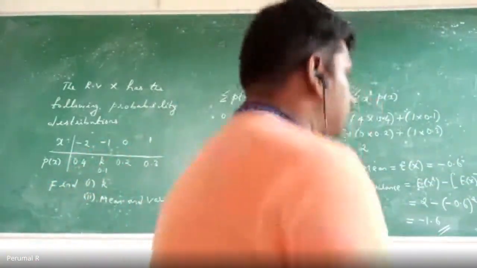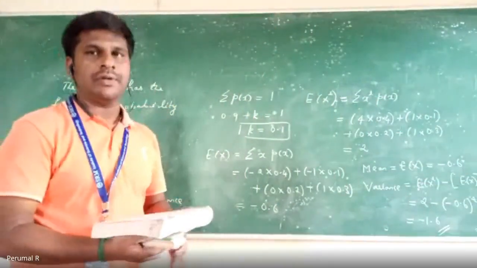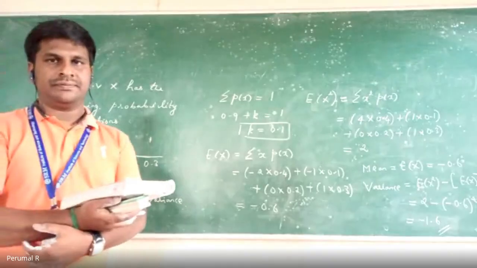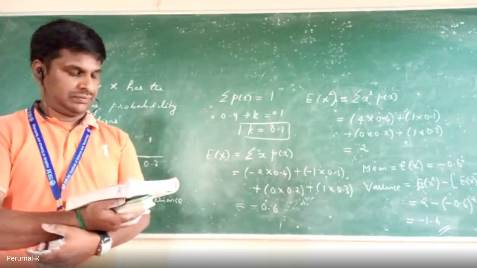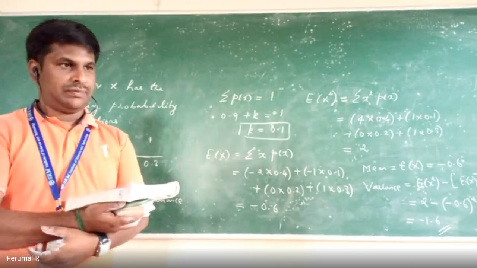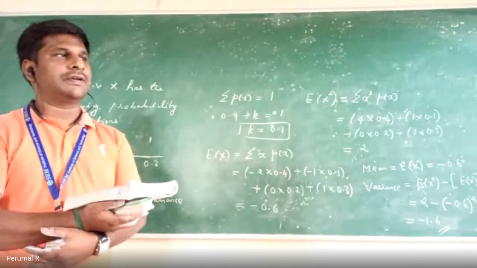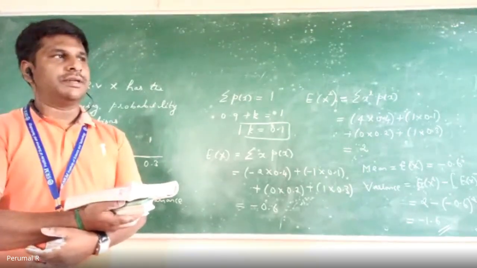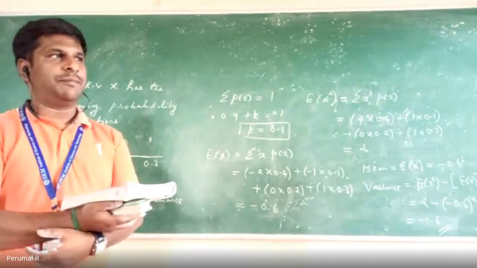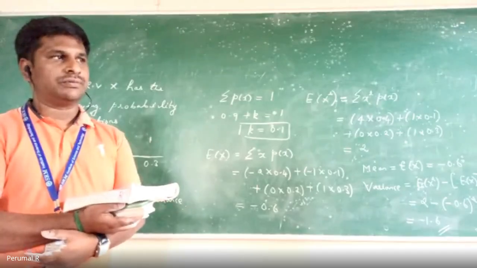Actually, in the previous class, I gave one homework problem. Students ask which one, and I recollect it: a probability distribution is given as x into e power minus x squared by 2.